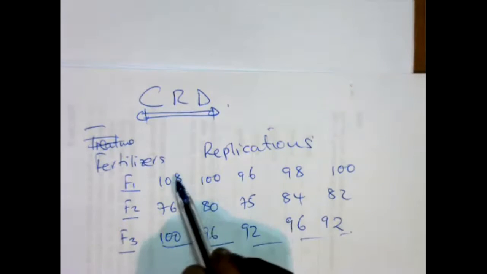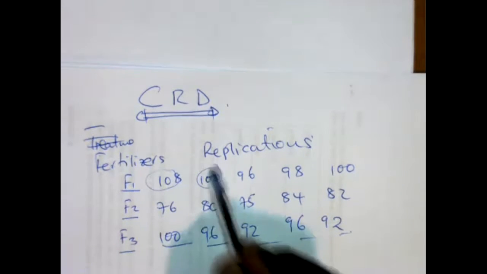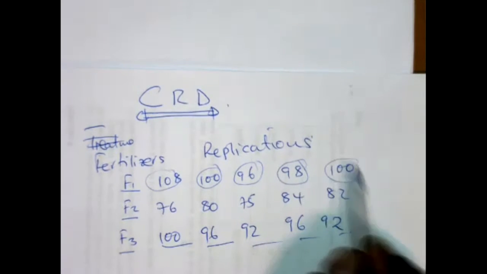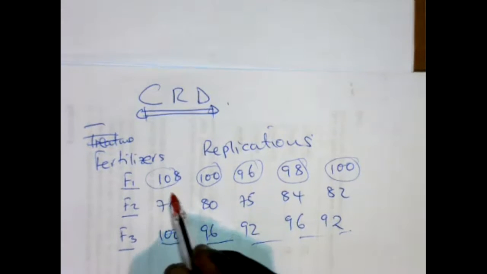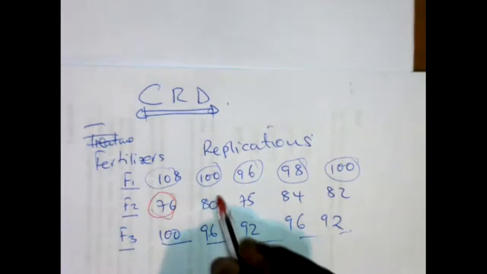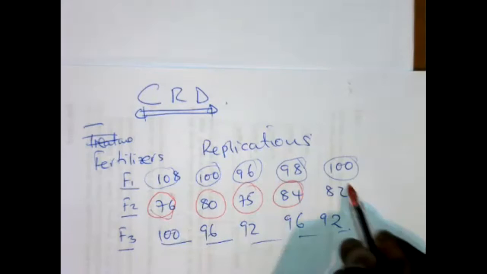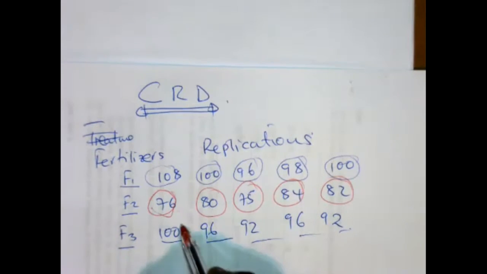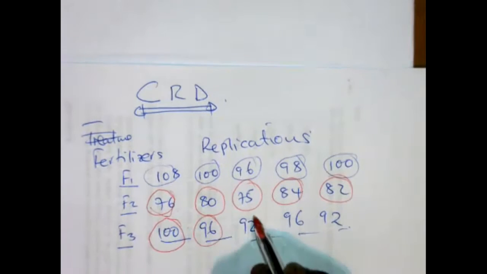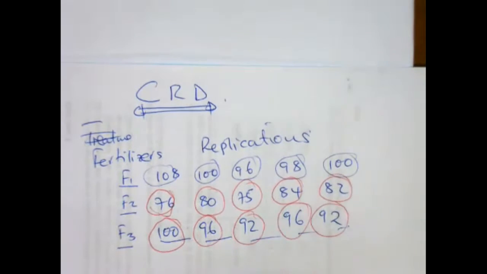Each value refers to a single pot subjected to fertilizer type F1. Then 76, 80 and so on are also single pots, subjected to fertilizer type 2. Another set of single pots was subjected to fertilizer type 3.